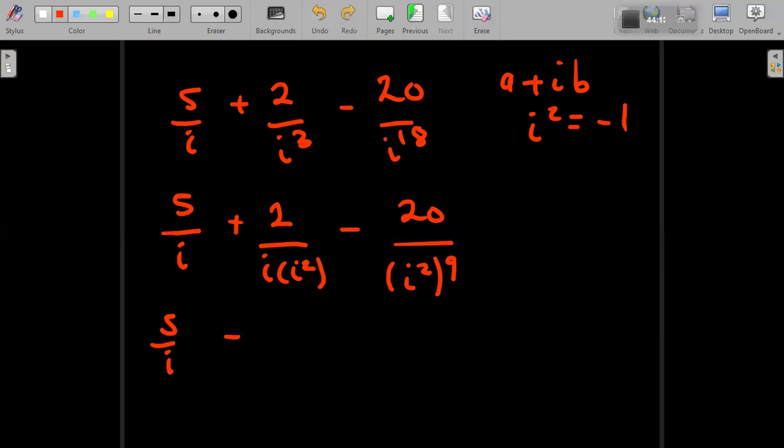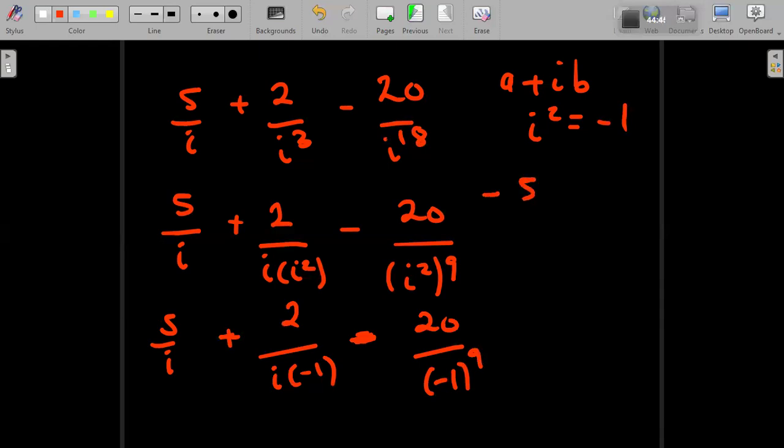Okay, so plus 2 over i. Why there's i squared, I put negative 1. So when I put negative 1, I multiply negative 1 there. Then I have minus 20, then I have negative 1 to the power 9.